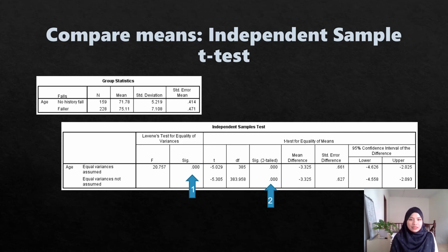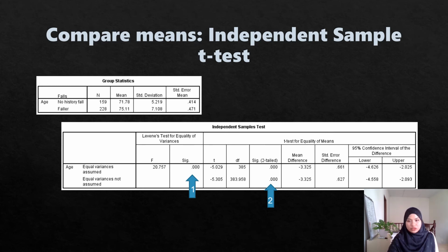Okay, so next is the independent sample test table. Usually if we get this result, we go to the Levene's test first. Okay, so if the Levene's test is significant, we cannot use the first p-value here, the equal variance assumed.